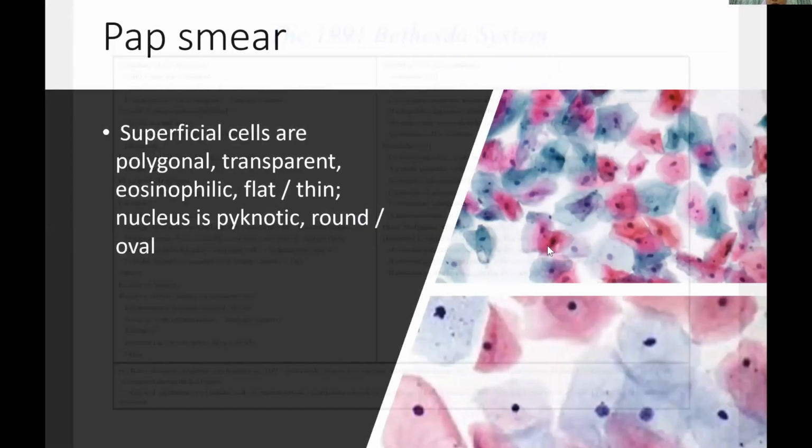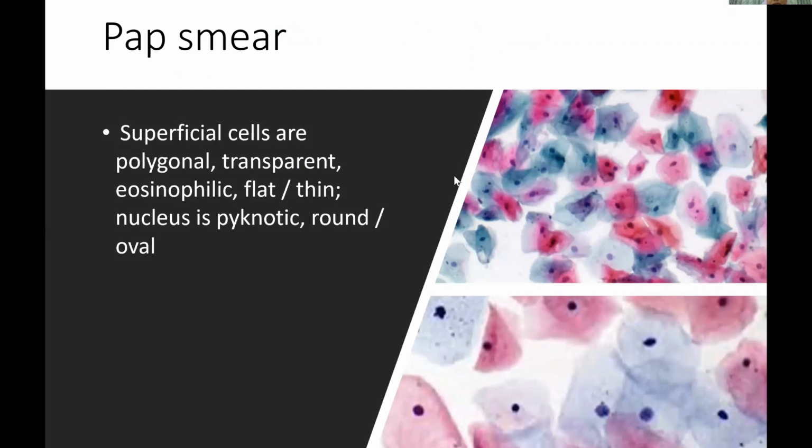Okay, these are examples of PAP smear. Basically in PAP smear we look at the squamous cells, because when the doctors take the samples, it must be from the transformation zone. So this must include squamous cells and endocervical cells. Here we can see the squamous cells; we can't see any endocervical cells here.